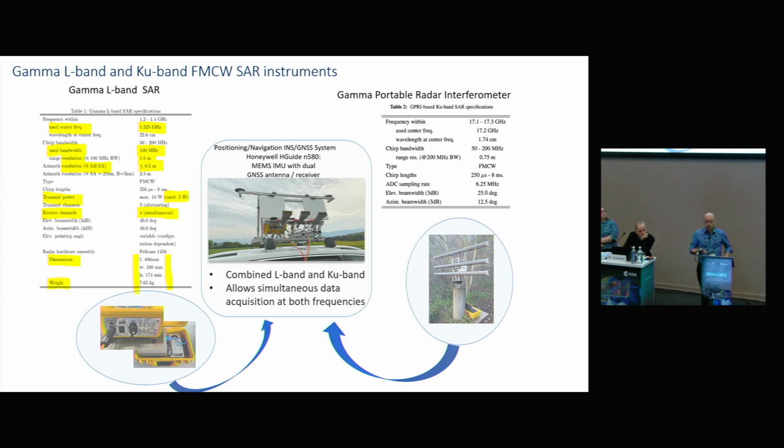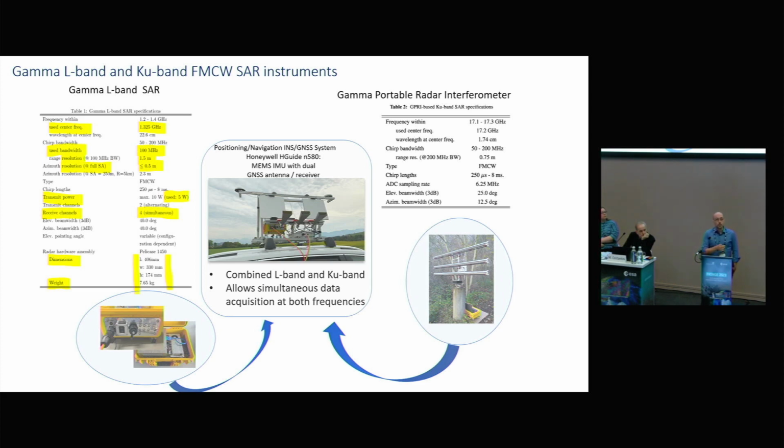Just a few words on the system characteristics. Both systems are FMCW radars. Technically, both are capable of doing 200 megahertz bandwidth. The thing with the L-band system is that we are not allowed to transmit more than 100 megahertz bandwidth in Switzerland, and I think in many other places as well.